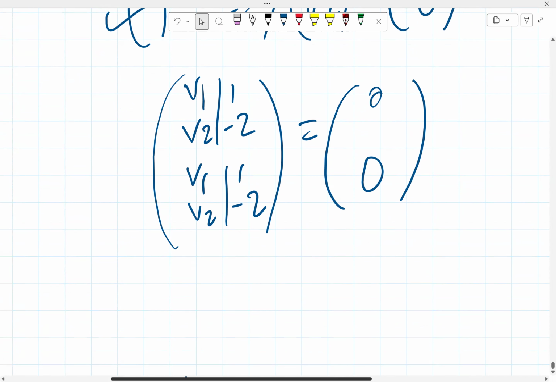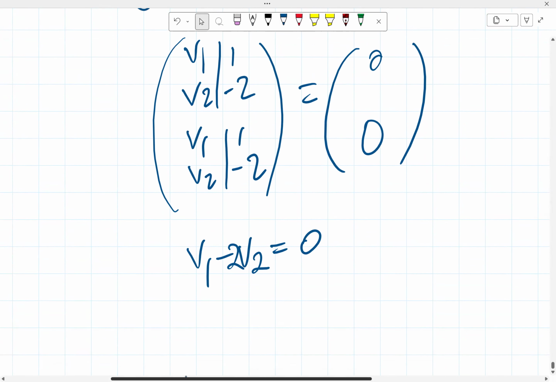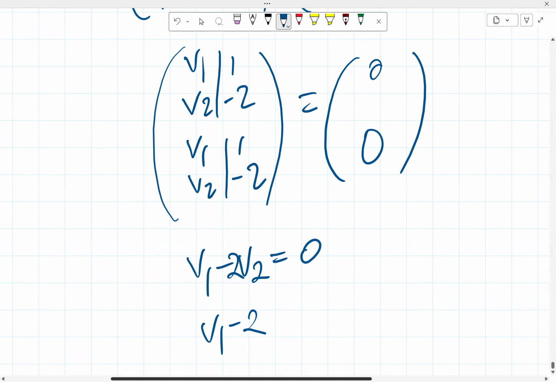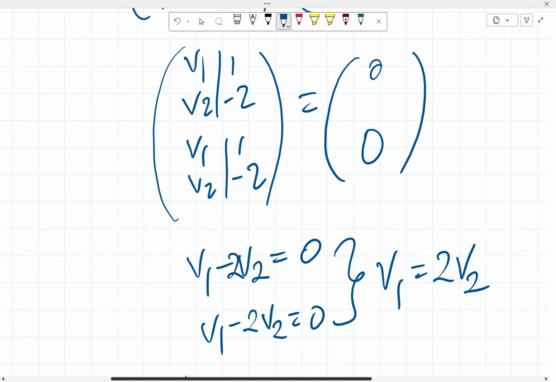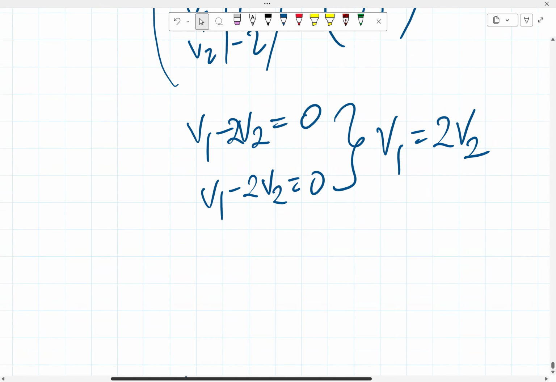Fundamentally, they are exactly the same. So v1 minus 2v2 is equal to 0, and the same for the other. So the two of them simply tell us that v1 is equal to 2v2. So if v2 is equal to 1, v1 is automatically 2.